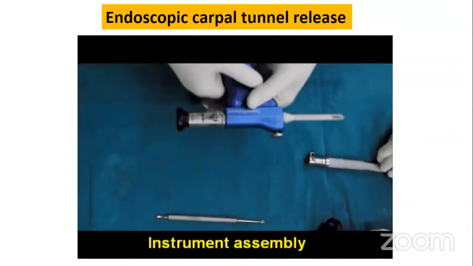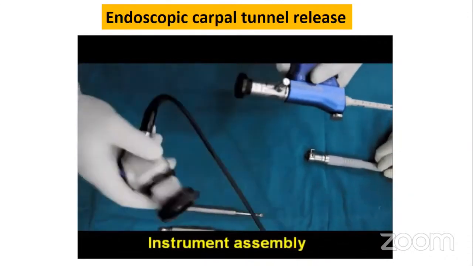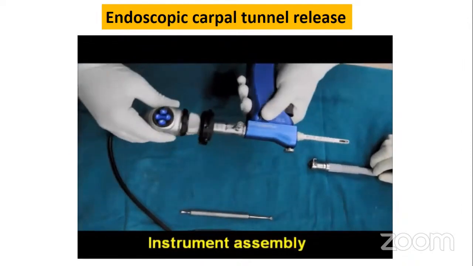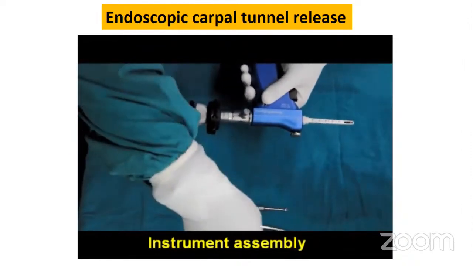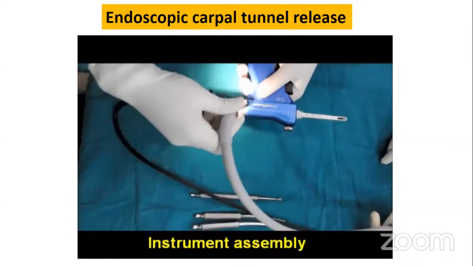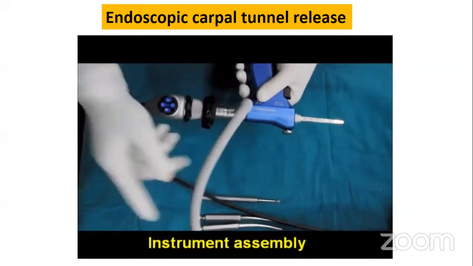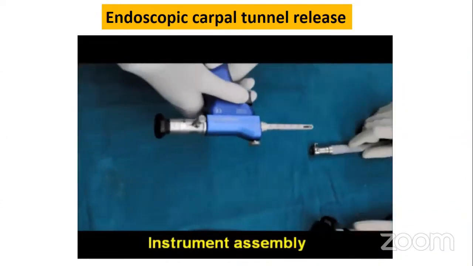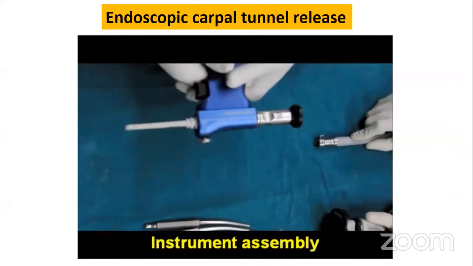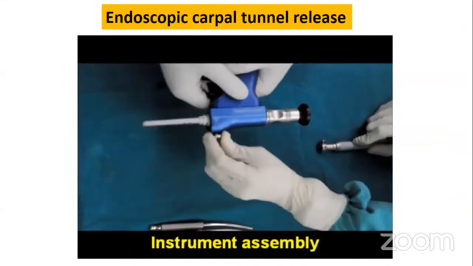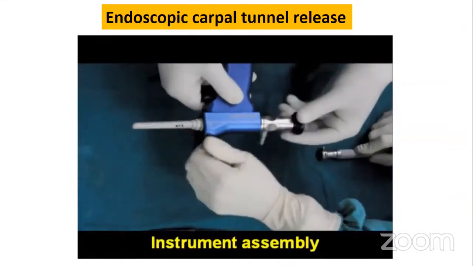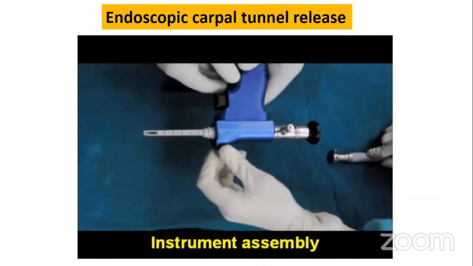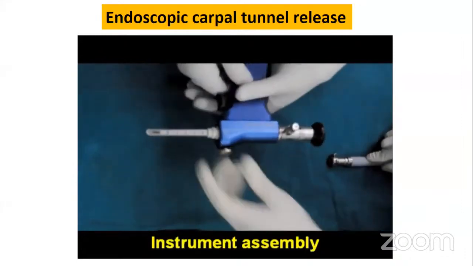It is the same light source and camera which you use for routine arthroscopy, for other joint arthroscopy, so the same thing can be used. The only cost is basically of the scope and the blades. The blades are disposable, and that's the main charge. The scope again is quite expensive. The assembly itself is expensive.